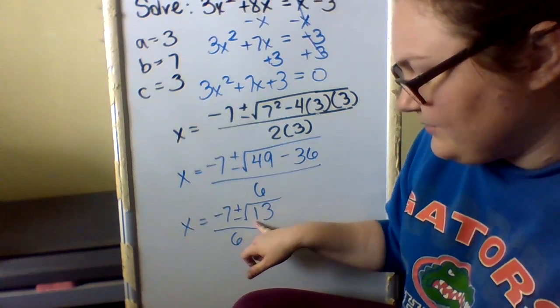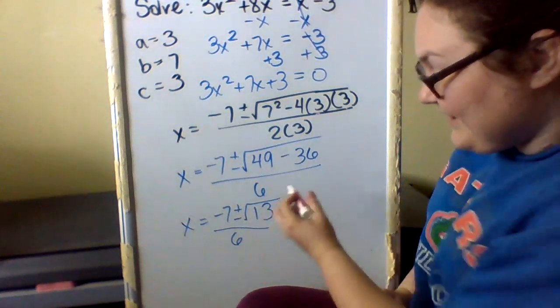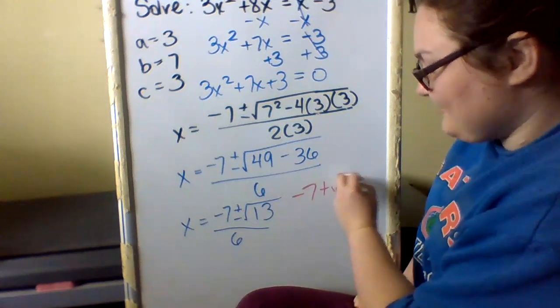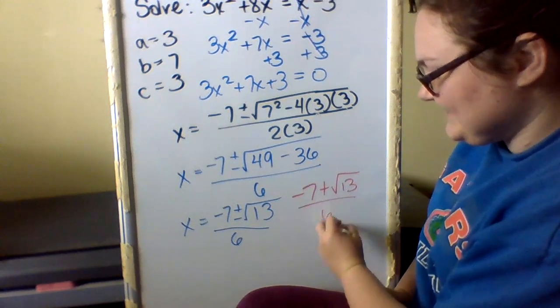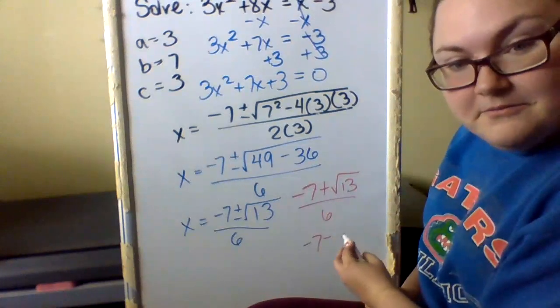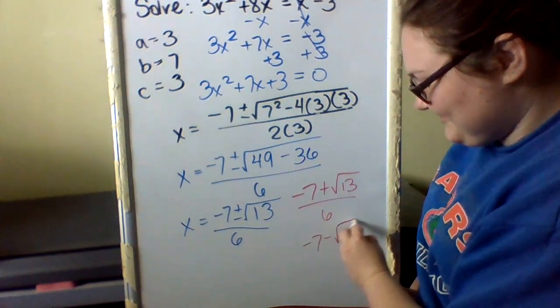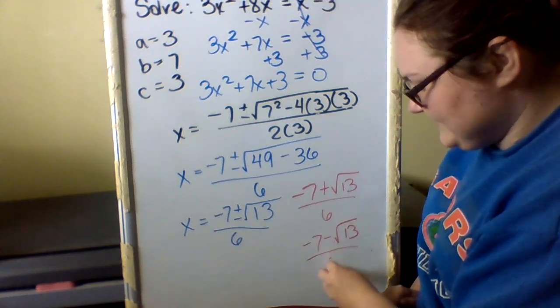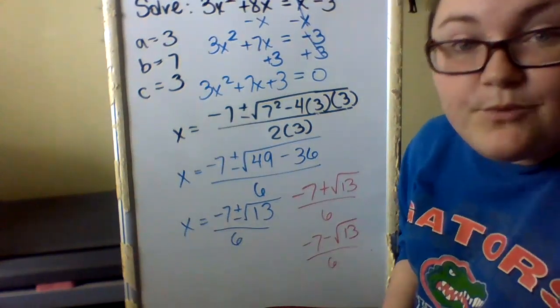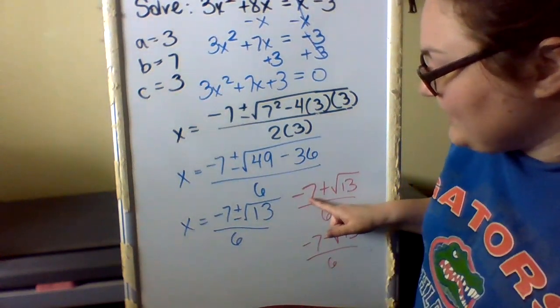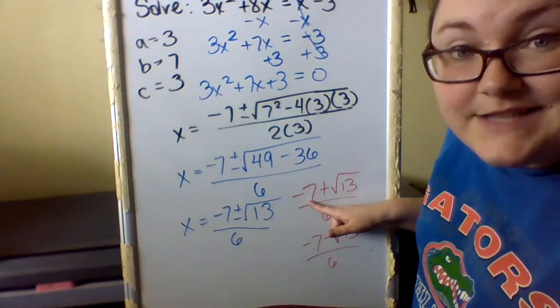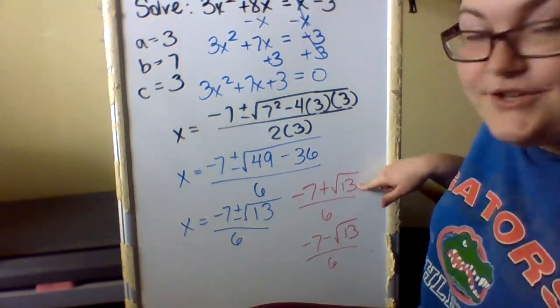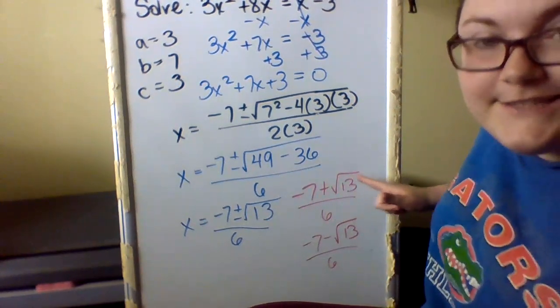Because this is a square root, you could, if you wanted, write negative 7 plus square root of 13 over 6 and negative 7 minus square root of 13 over 6. But there's not much more you can do. When you've got a number like negative 7, an integer, and a square root, you cannot add these together.